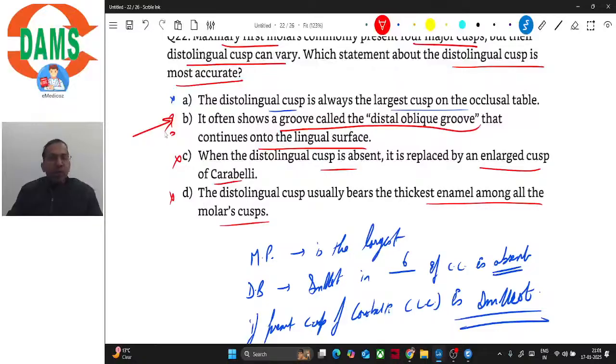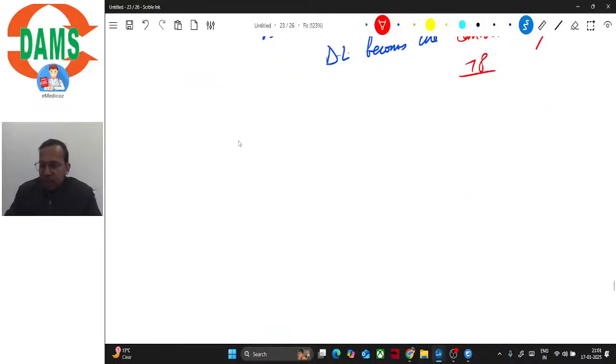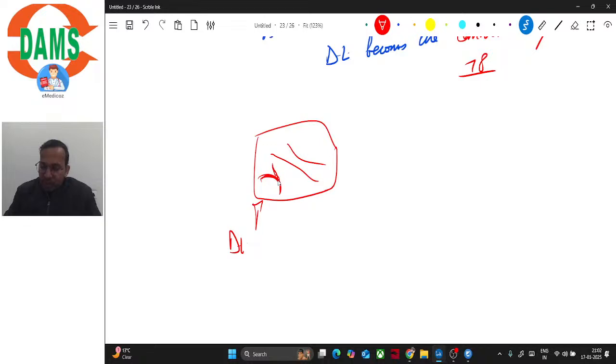And as you might have noticed, on the occlusal surface of the first molar, there is a groove just distal to the oblique ridge, right? So let's say this is the distolingual cusp, and there is a groove here which is called the distal oblique groove, and this continues here as the lingual groove.